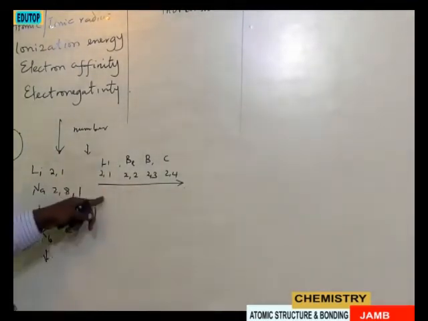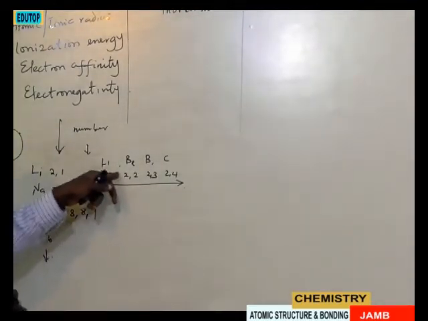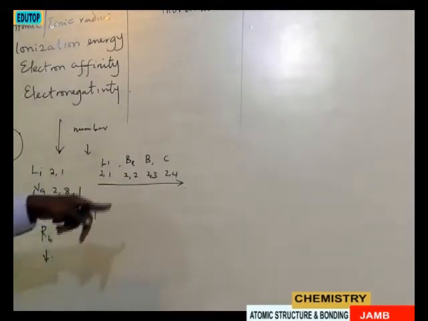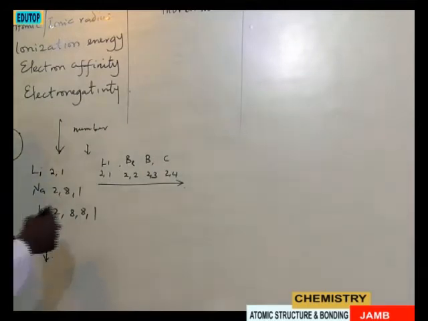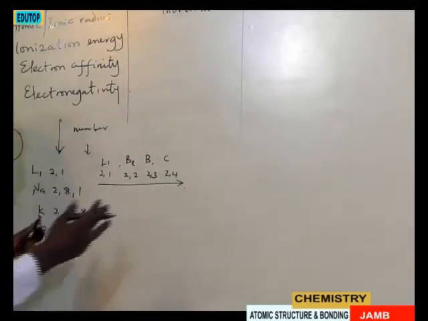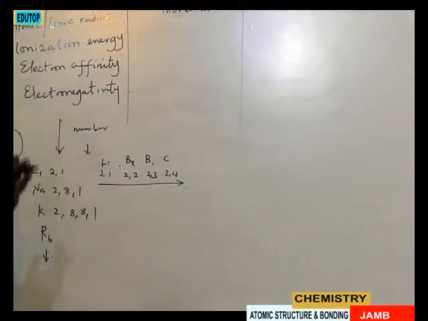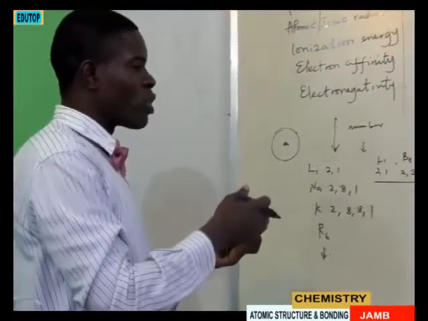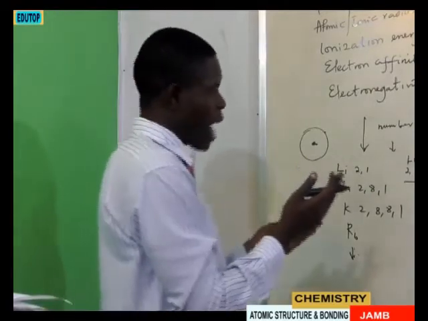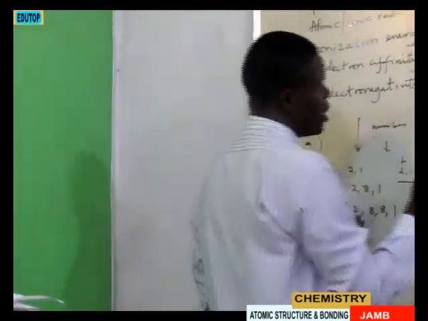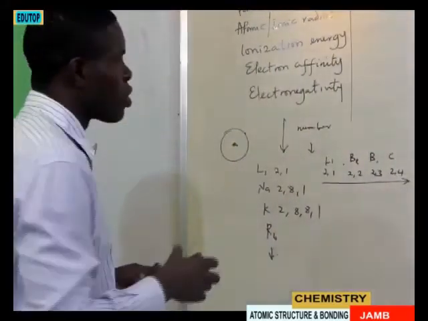So what happens is that as you are adding protons, you are also adding electrons simultaneously. So what happens to the size? Then there will be what? A contraction. Because this distance between the positively charged nucleus and the electron becomes what? Closer or smaller. And therefore, the distance is now what? Shorter.